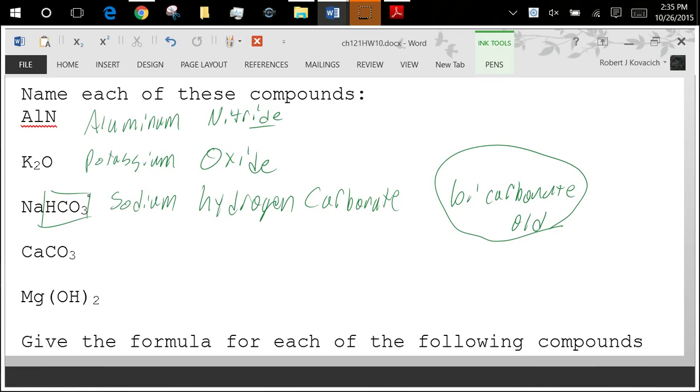It's any compound that's got a hydrogen carbonate in it, usually sodium hydrogen carbonate or potassium or calcium or magnesium. Are we okay with that? Easy. Next one?